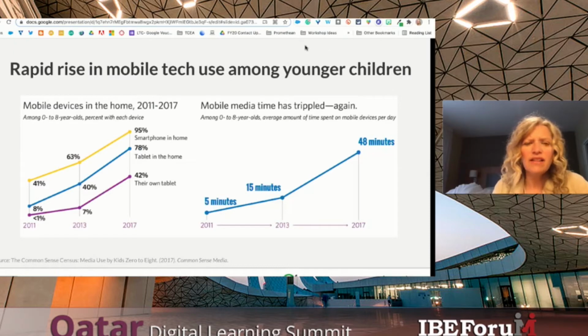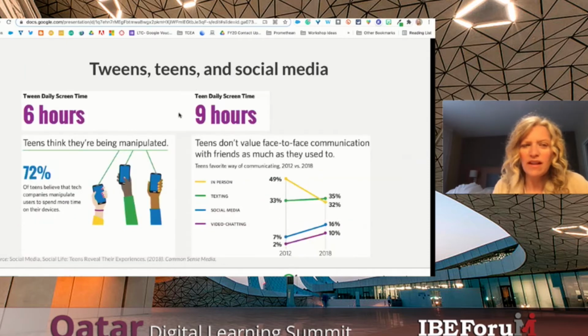And then again, this graphic talks about the rapid rise in mobile tech use among younger children. So this goes over how among 0 to 8-year-olds the percentage with each device. So the 95% smartphone in home, we're seeing that increase over the years. And then again, here's another graphic talking about tweens and teens interacting with social media.